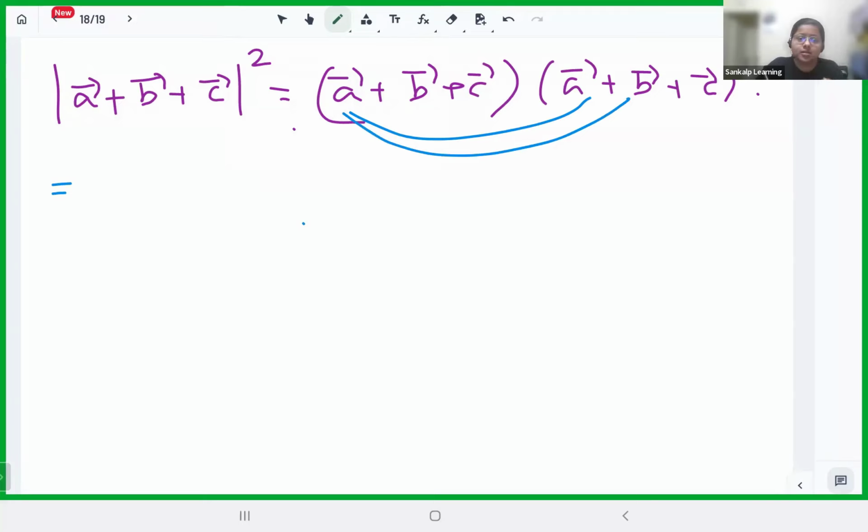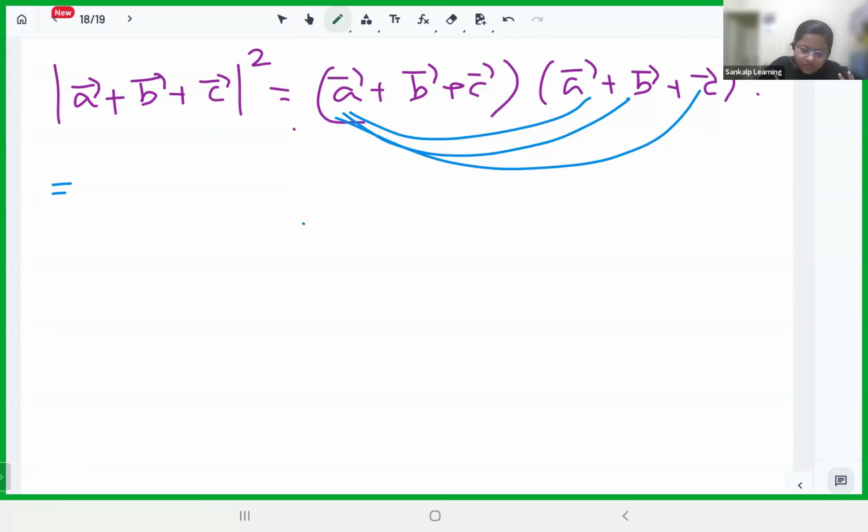Since the condition is A dot B plus C is 0, you don't need to first multiply A with B and then with C, because if you multiply vector A dot vector B plus C, we know the result is 0 because it is given in the question. So you don't need to separately find the product.